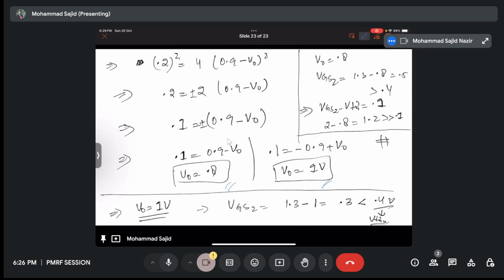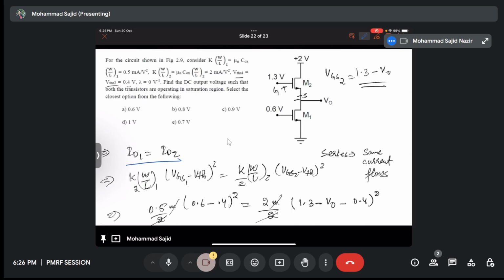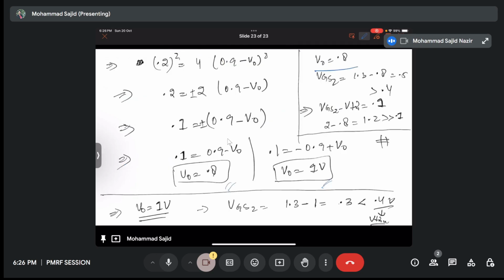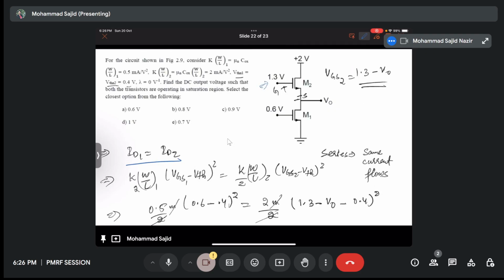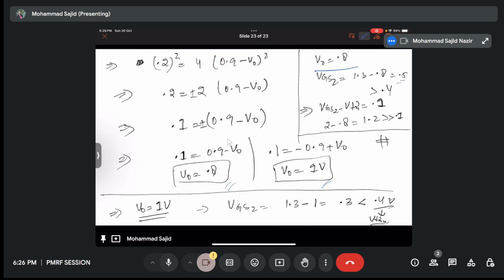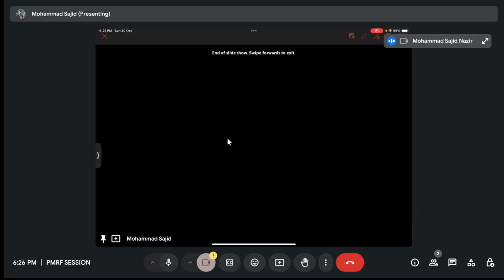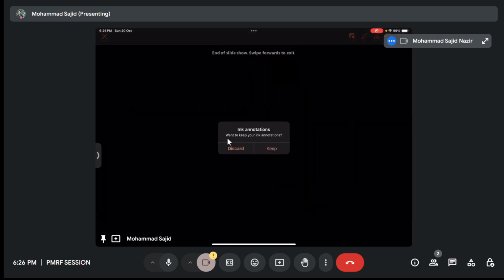So when V0 is 0.8, VGS2 will be 1.3 volt minus 0.8, it is 0.5, and it's greater than 0.4. So why is 0.4 important? To keep the device in saturation. Okay, so this is what we discussed in week 2.